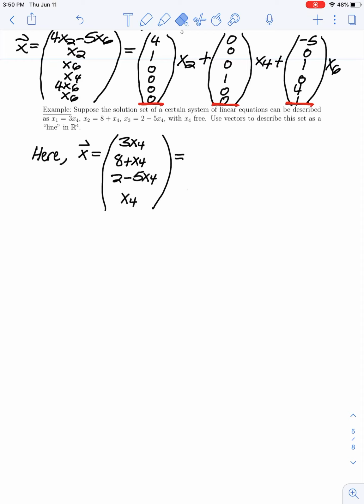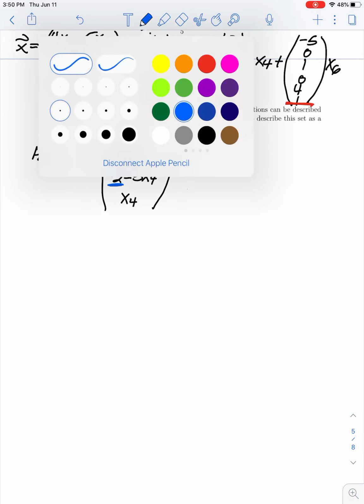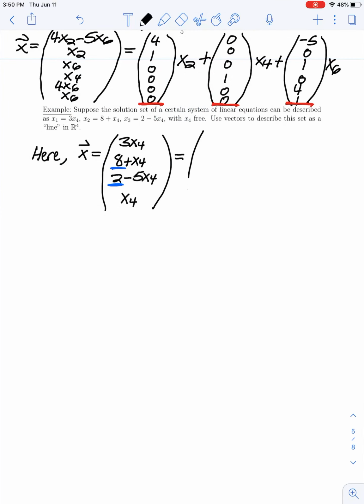We don't have just these free variable terms, but here we also have constant terms such as 8 or 2, where we're adding or subtracting some scalar multiple of x4. So let me start by pulling out the constant terms from each variable.